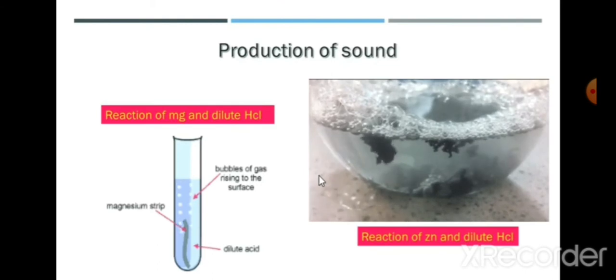See here, when the magnesium strip is inside the dilute acid, the bubbles of gas are rising up to the surface. What are those bubbles? They are hydrogen gas. That hydrogen gas is reacting with the oxygen in the air and producing the pop sound. This is what's happening in the zinc and dilute HCl.